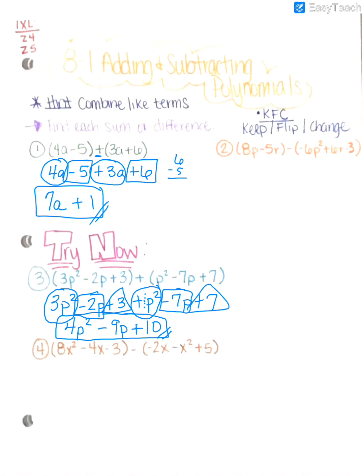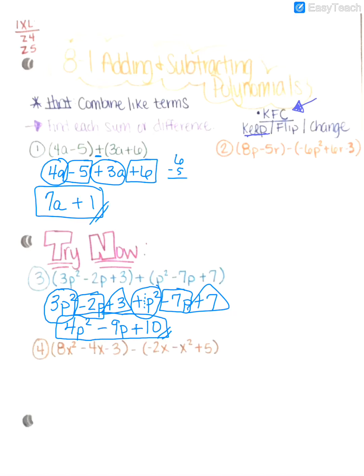Now a little bit different is when you're subtracting. And when we're subtracting, we're going to be using something that is known as the keep, flip, change. In other words, the KFC. So the KFC is going to be known for keep. You're going to keep the first set of parentheses, whatever numbers are in there.